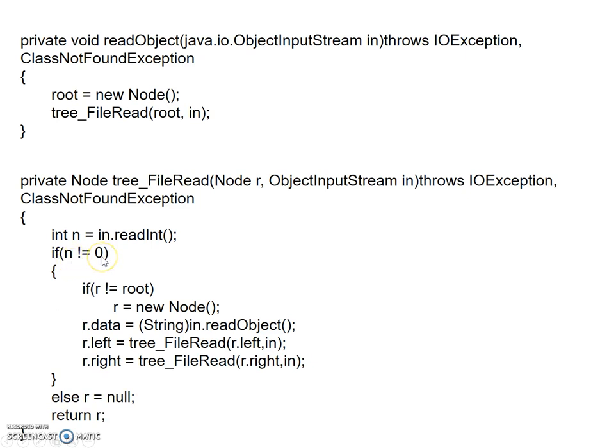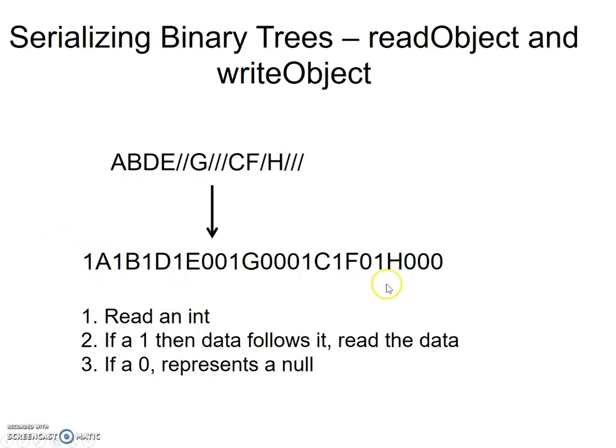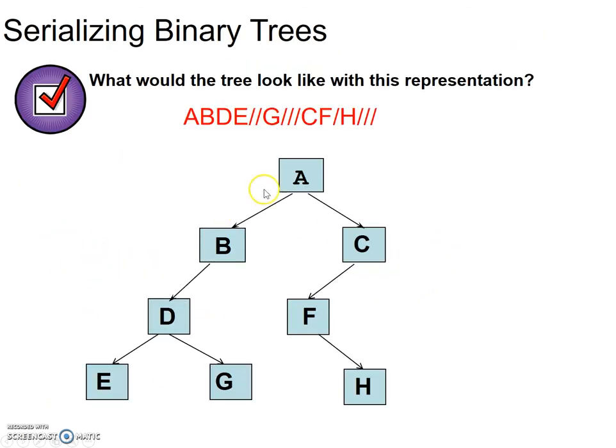And so if it is not a 0, then I check to see if it's not the root, because I've already created the root here. If it's not a root, I create a new node, and then I set the data to the next item that I read. So if it was 1A, then A would go in as the data. And then I set my left up by recursively passing in the left node, and set my right up by recursively passing in the right node. And this would allow me to be able to take this stream and convert it into this tree.